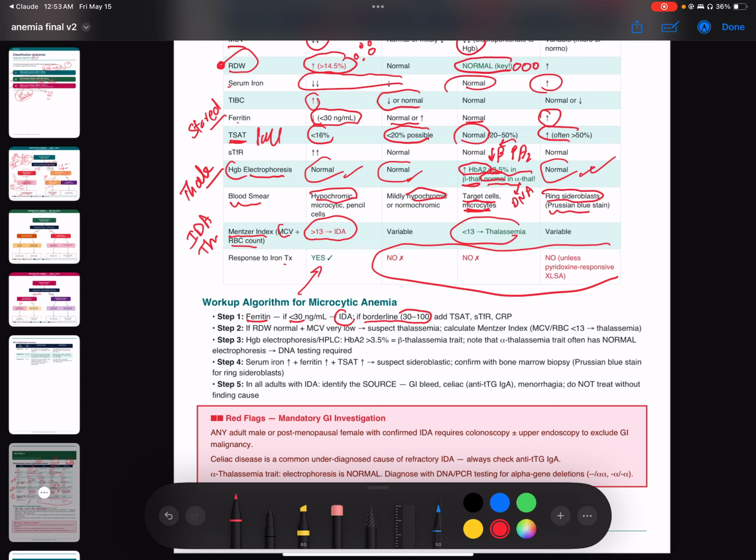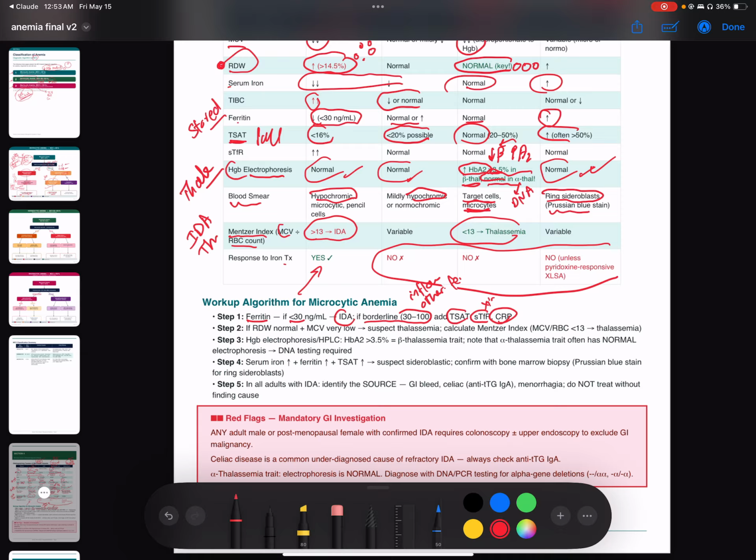So what you do here, you look if there's inflammation and you look for other iron markers. You can add TSAT, you can add STFR, which we said can be elevated in iron deficiency anemia and is not related to inflammation, or if you want to see any inflammatory marker, like CRP.